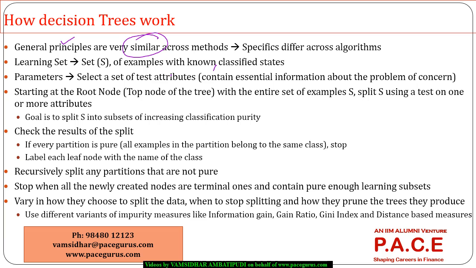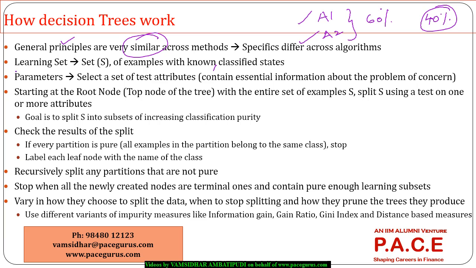They are very much similar, right? If I take algorithm 1 and algorithm 2, probably 60% is more and more similar between these two algorithms. Only the 40% is more and more specific to each one of them. The specifics differ across the algorithms, but the general principles behind the building of the tree are more or less common.